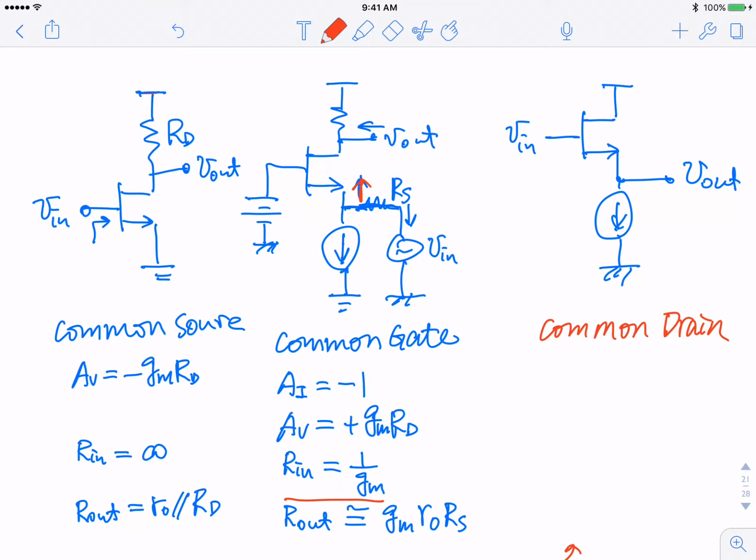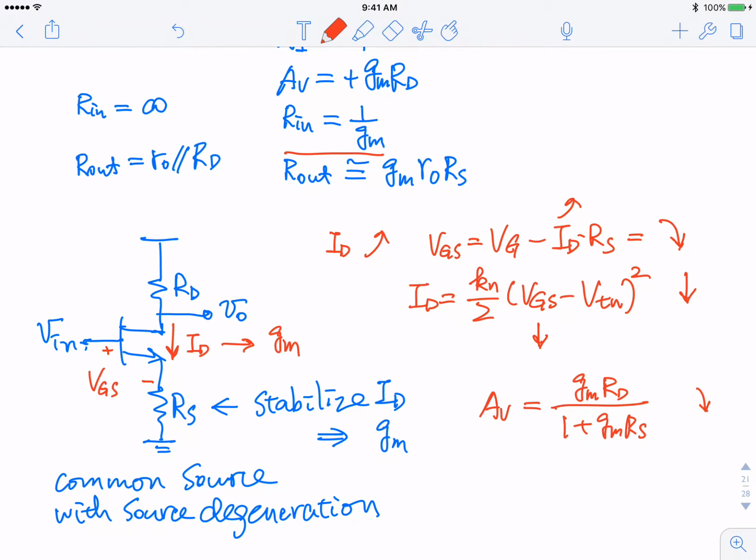So in this case, input impedance is not infinity. For all other cases, it is infinity: common drain, common source, common source with degeneration. So there are three cases where the input resistance is infinity. The input resistance is either really small or really large, not in between. That's right. And usually you want it to be either very small or very large.